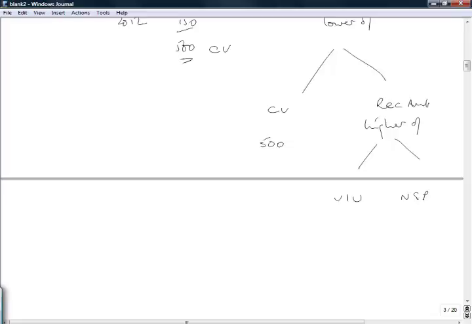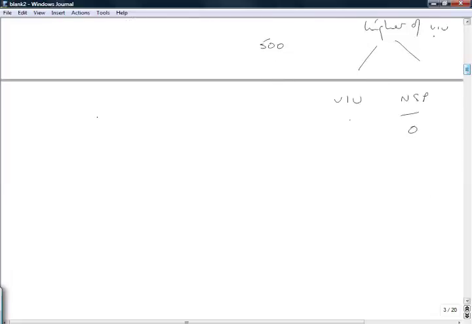Just below the table of figures, it says the plant is still expected to be sold for estimated realizable value, and there's no market in which to sell the plant today. Net selling price is 0. So we've got to calculate value in use and compare it with the 500 to see whether we're due to impair.